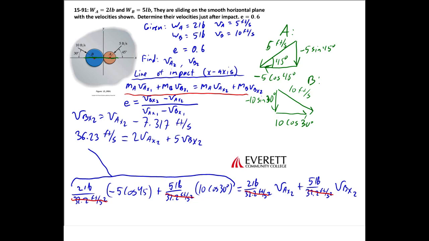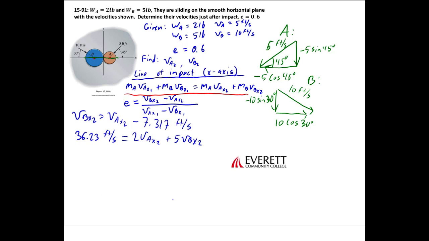And now you see we have two equations and two unknowns. Okay, I just made a little bit more room there. So with these two equations and two unknowns, I'm just going to take the value for VBX2 that I solved for using the coefficient of restitution equation. I'm going to plug it into the equation that I got for the conservation of linear momentum equation.